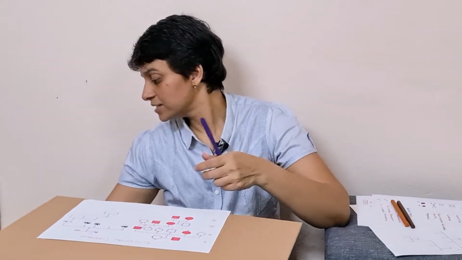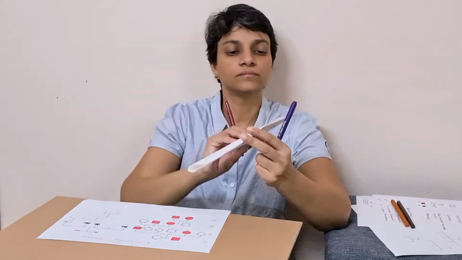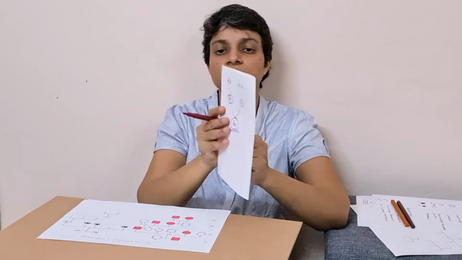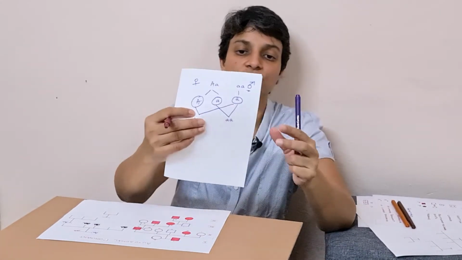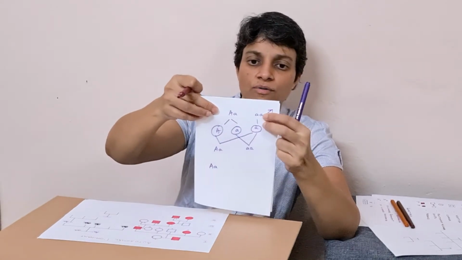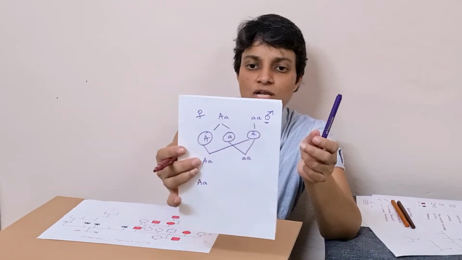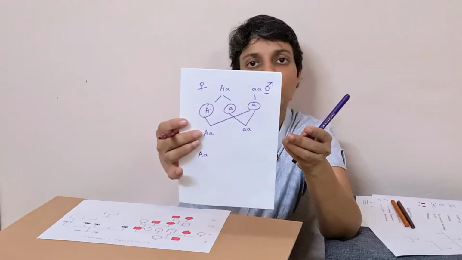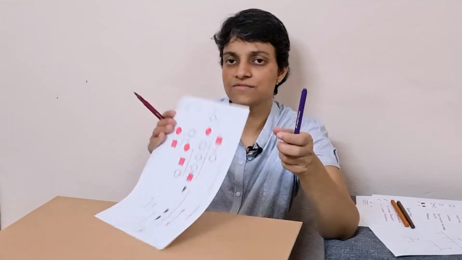It's this combination which we are talking about. One of the parents, don't look at the male and female symbols, is small a, small a, the other parent is capital A, small a. So you have children with both combinations of capital A, small a and small a, small a: heterozygous condition and homozygous recessive condition.